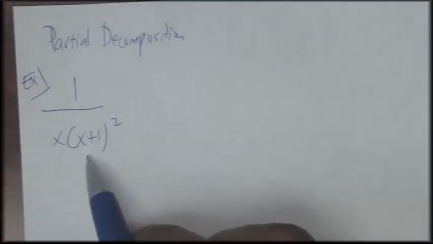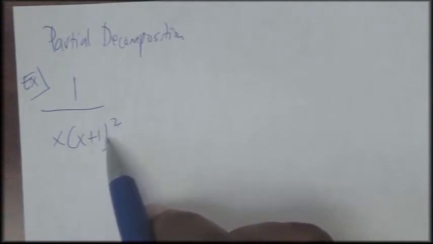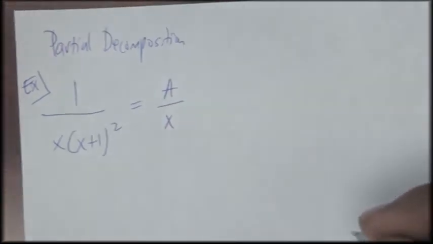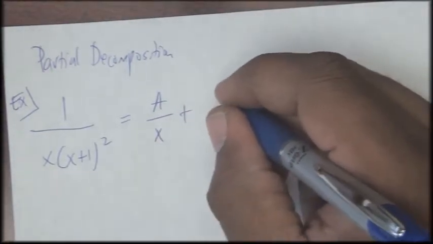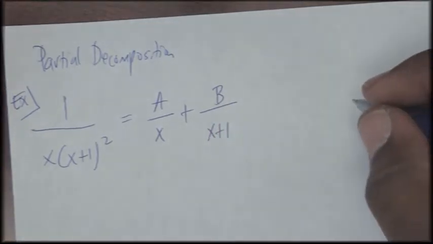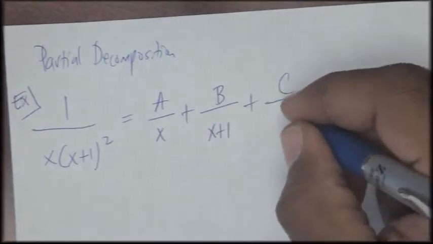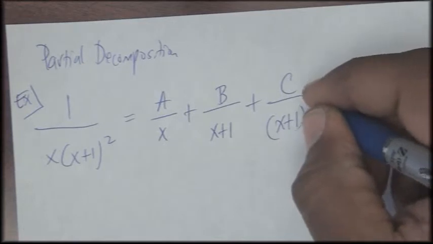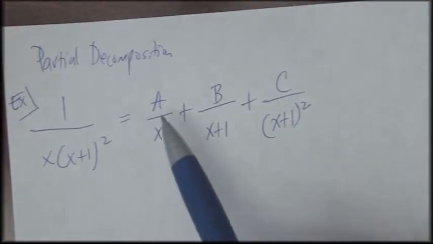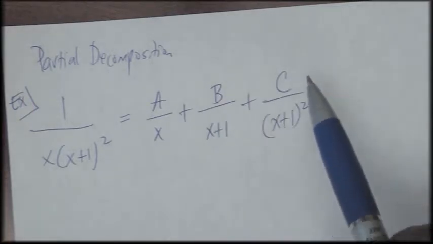So here we see the factor x plus 1 has been repeated. So I'm going to write this out as a divided by x plus b divided by x plus 1 plus c divided by x plus 1 quantity squared. And now I'll attempt to find the constants a, b, and c.